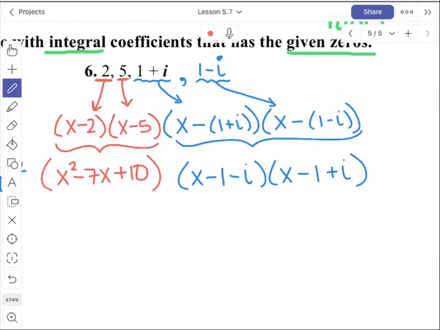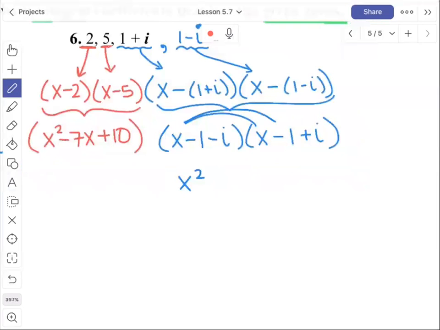All right, so this gets me x squared minus x plus ix. Multiply the negative 1. So I have negative 1x plus 1.